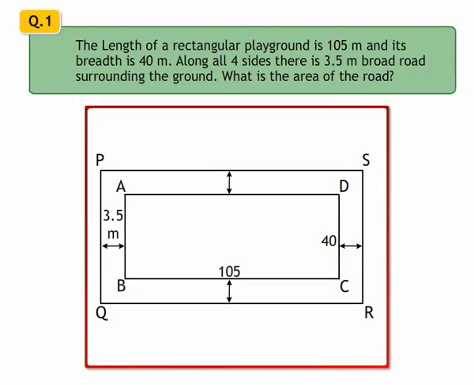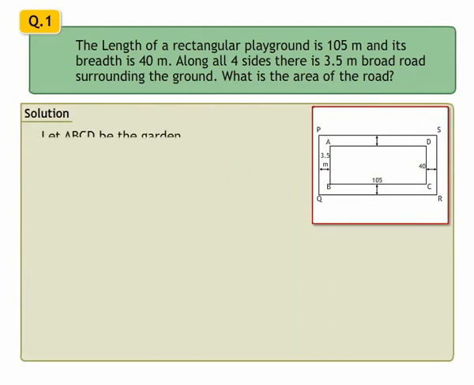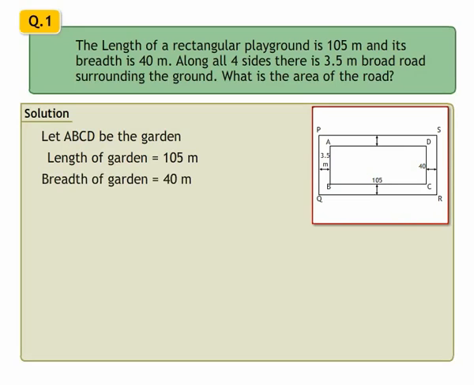Solution. Let A, B, C, D be the garden. Length of garden is 105 meters. Breadth of garden is 40 meters. Area of garden is 105 into 40 which is 4200 square meters.